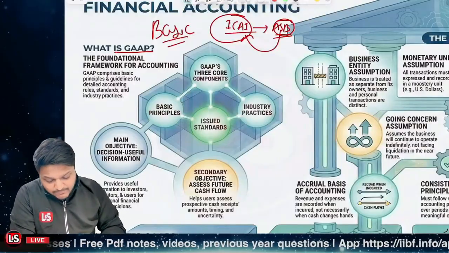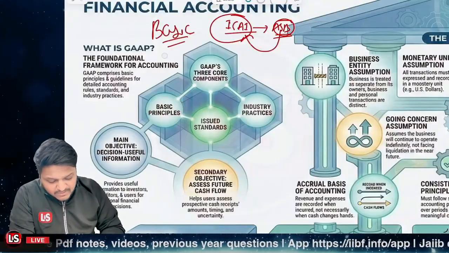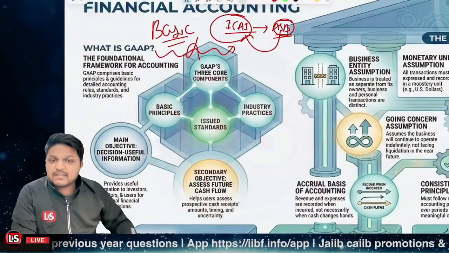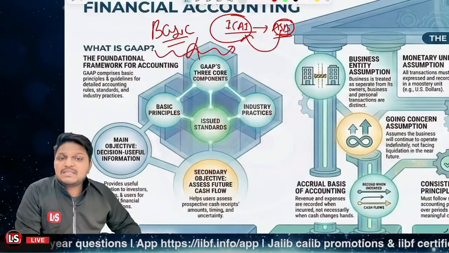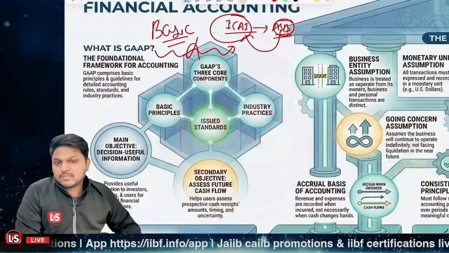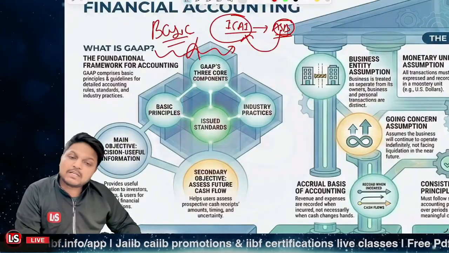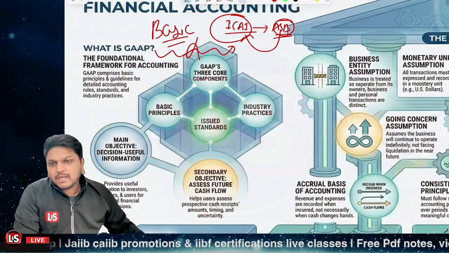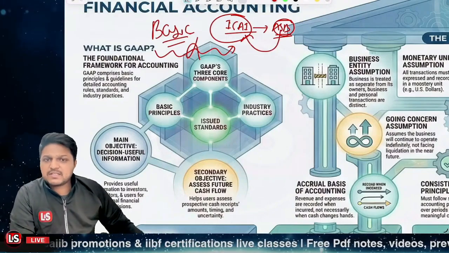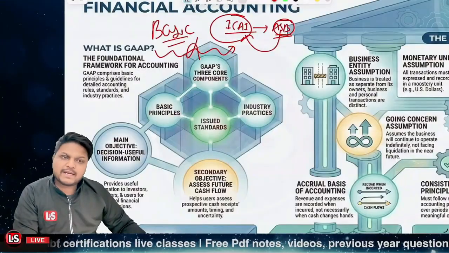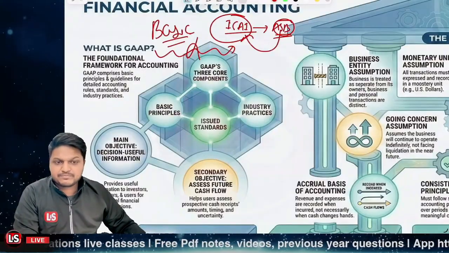It's not the case that the generally accepted accounting principles are a direct part of the ICAI standards. But these are the related laws, and these are assumed and expected universally, right? Universally, the generally accepted principles are to be followed. That is the GAAP. Is that clear?